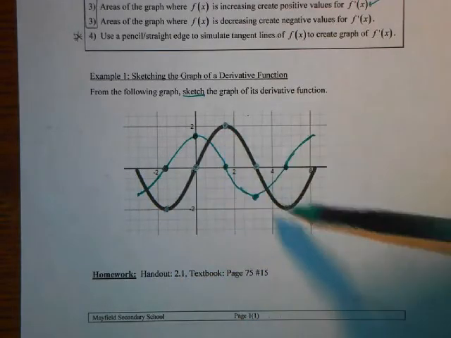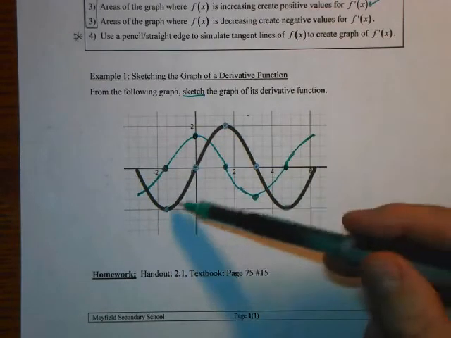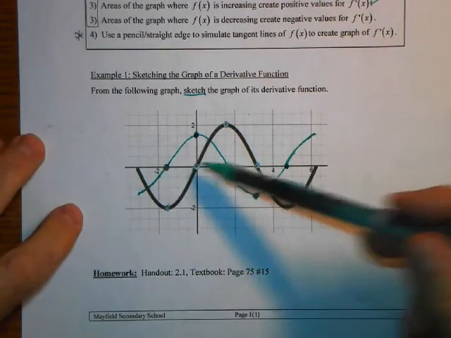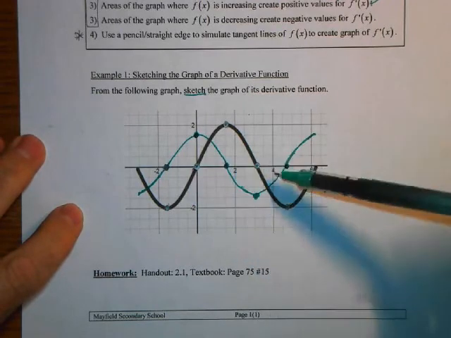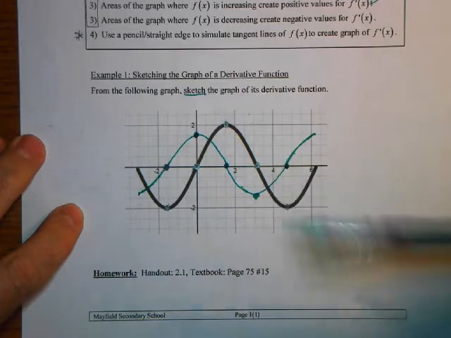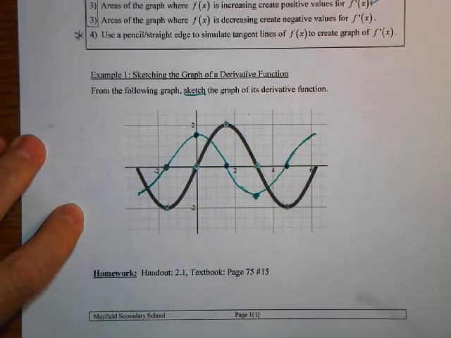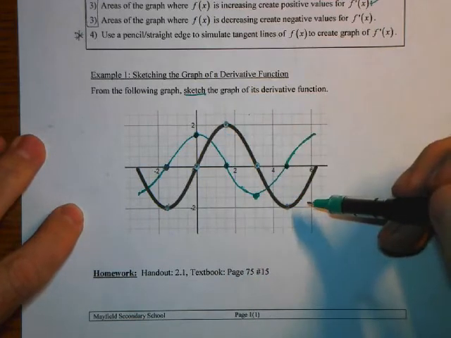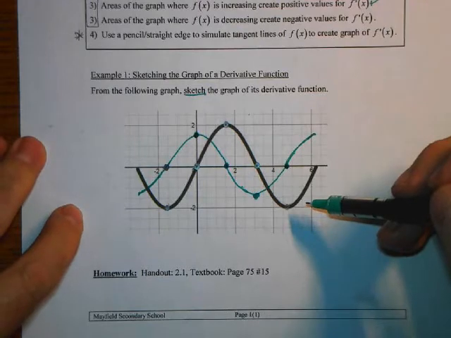The max and mins will always create a derivative value of 0, and wherever I have a point of inflection, that's where I'm going to find my max and mins of the derivative function. And then you also look at where is the slope of the original graph positive, and where is it negative, and that's going to tell me whether my derivative is above the x-axis or below the x-axis.